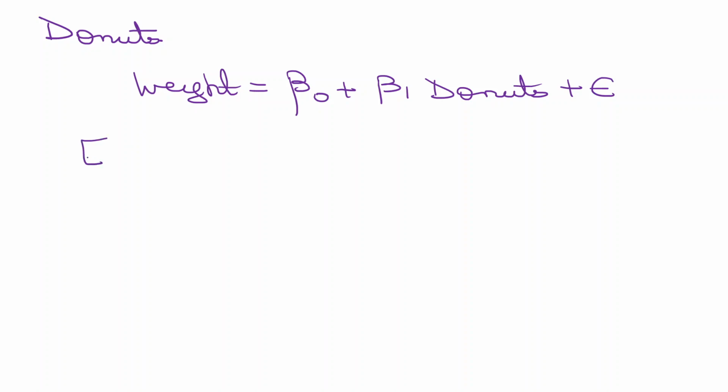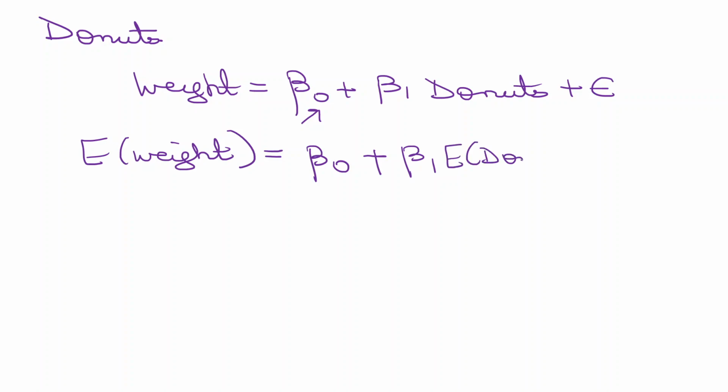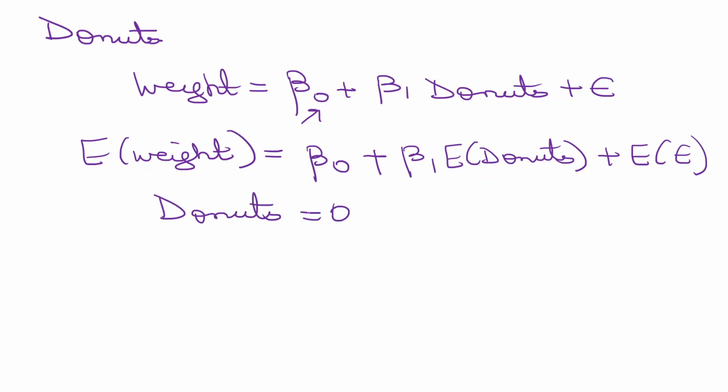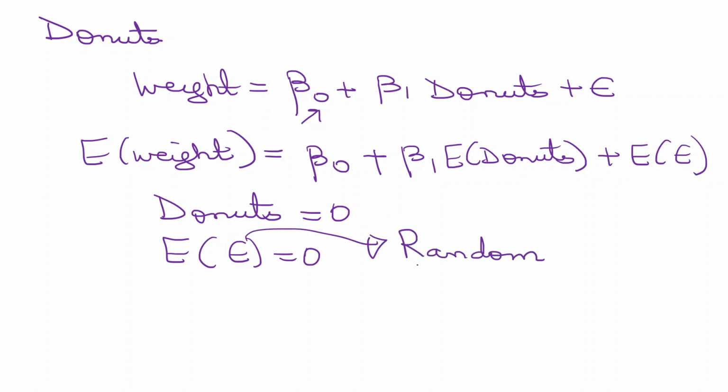If we take expectation on both sides, the expected value of weight, since beta naught is a constant, would be beta naught only plus beta 1 E of donuts plus E of epsilon. Now we are talking about the case where donuts are equal to 0, and as we will see later on, we take the expected value of the error term to also be equal to 0 because we assume this to be random. Again, we'll study this in detail. For now, you just remember that.